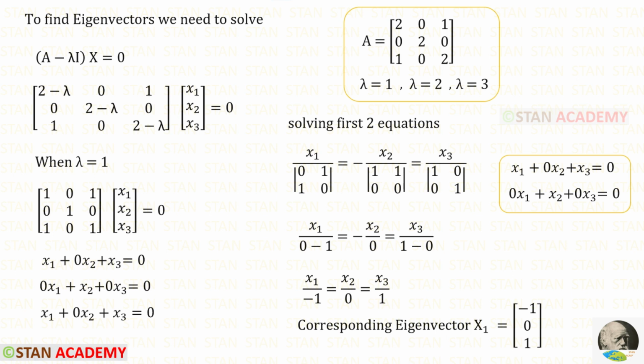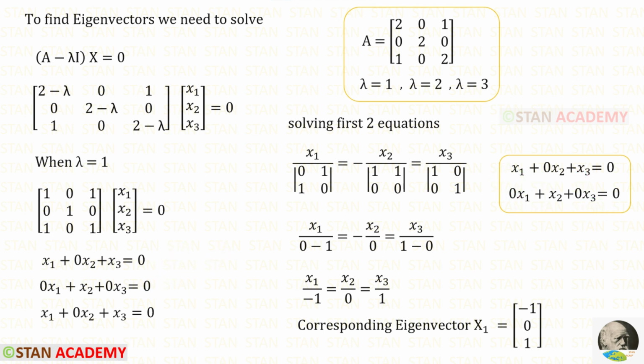We have to select two equations from these three. When we select, we have to be very careful. You can see that in the first and third equation, all of the values are same. In this case, we should not select these two together. We can select either these two or these two. I am going to select these two.